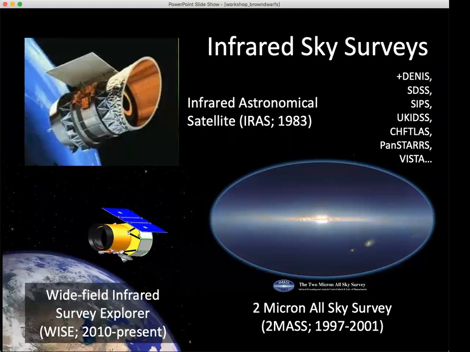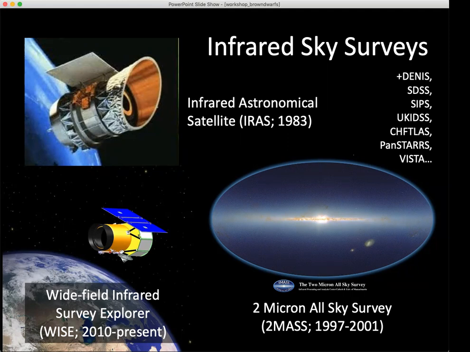So we've taken these kinds of detectors and we've put them on surveys of the sky. This was actually done pretty early, back in the 1980s, with a satellite mission that did this. When I was a grad student, I used this particular survey called the 2 Micron All Sky Survey. This is 2 telescopes, one in the north, one in the south, that image the entire sky in the near infrared. Here's another satellite that's still in operation called the Wide-field Infrared Survey Explorer that's looking at longer wavelengths.